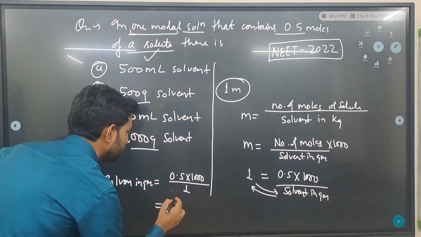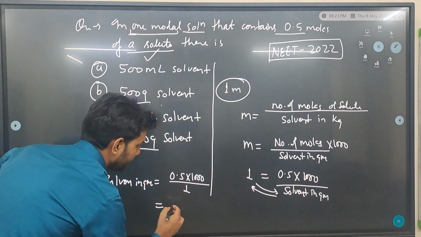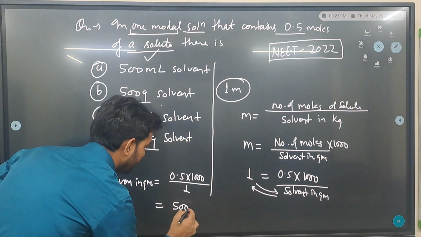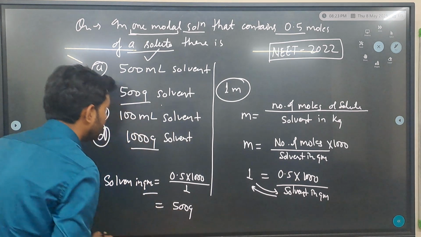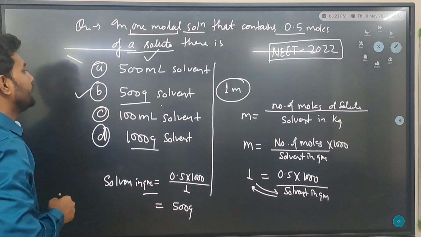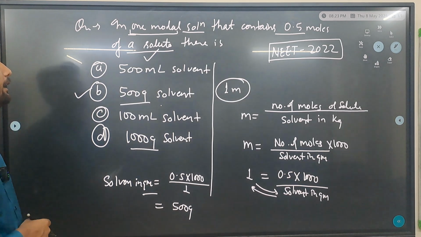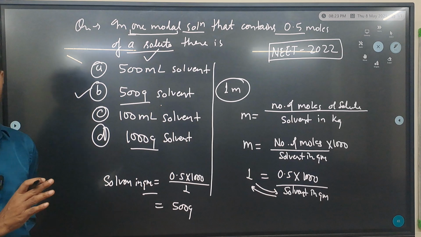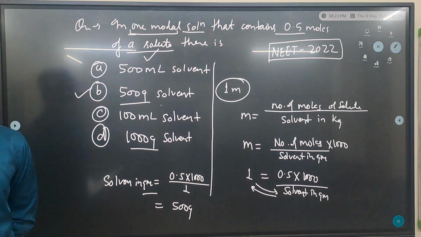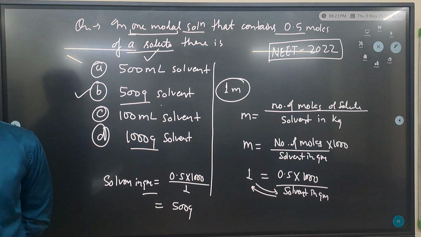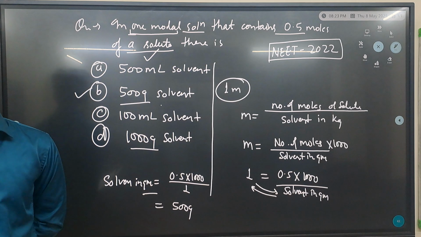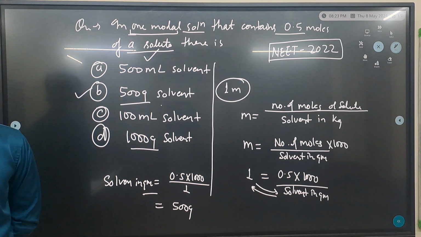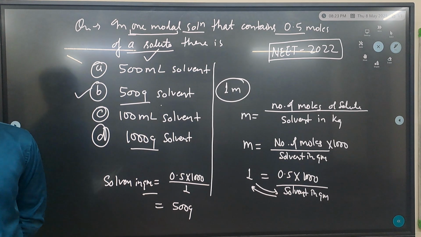So it will be equal to 0.5 into 1000, which is 500 gram. So option B will be the correct option. Clear?